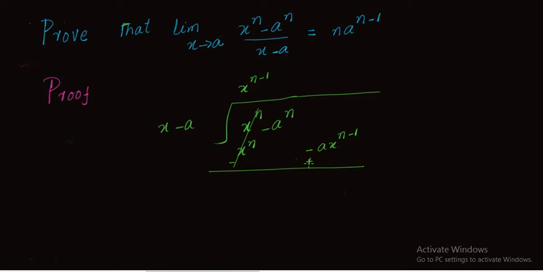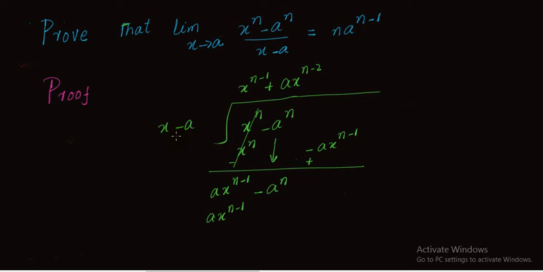We rearrange these terms and we get a x^(n-1), and we then take this term down, -a^n. We put plus sign here. Now we multiply x by a x^(n-2) to get this term, that is a x^(n-1).